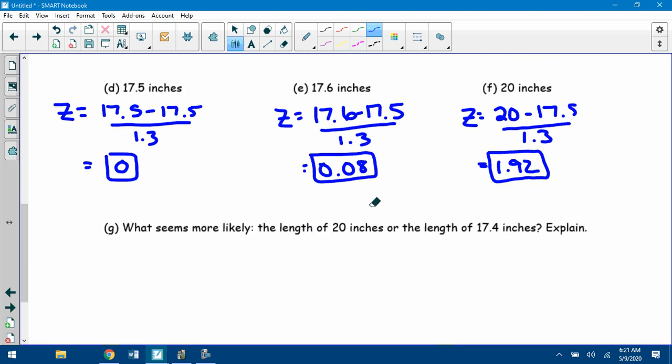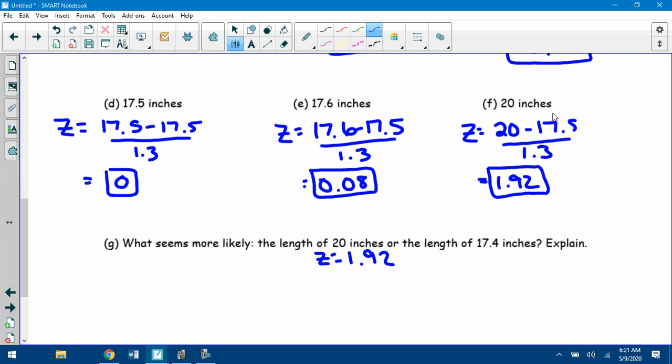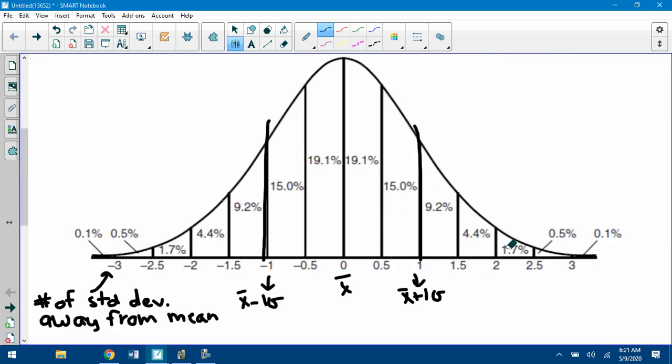Then it says, what seems more likely, the length of 20 inches or the length of 17.4 inches? Explain. Well, 20 inches we just got had a z-score of 1.92. And 17.4, which we found over here, had a z-score of negative 0.08. So which one would be more likely? Again, it's all about where it falls. 1.92 falls all the way up here, not very likely.